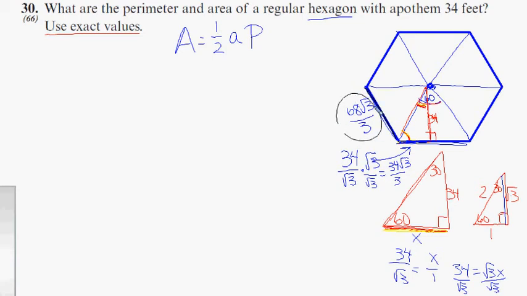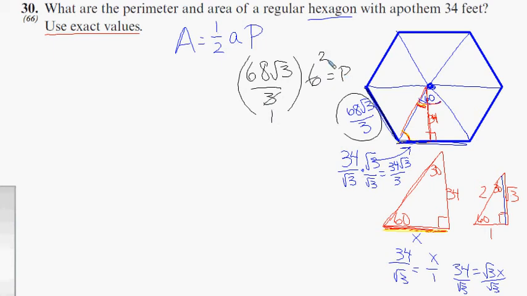So how many of those do we have in a hexagon? We have 6 of them. So we have to take 68 times the square root of 3 over 3 times 6. That is what's going to give us the perimeter, okay? So we do some math here. 3 and a 3 is 1, 3 and a 6 is 2.